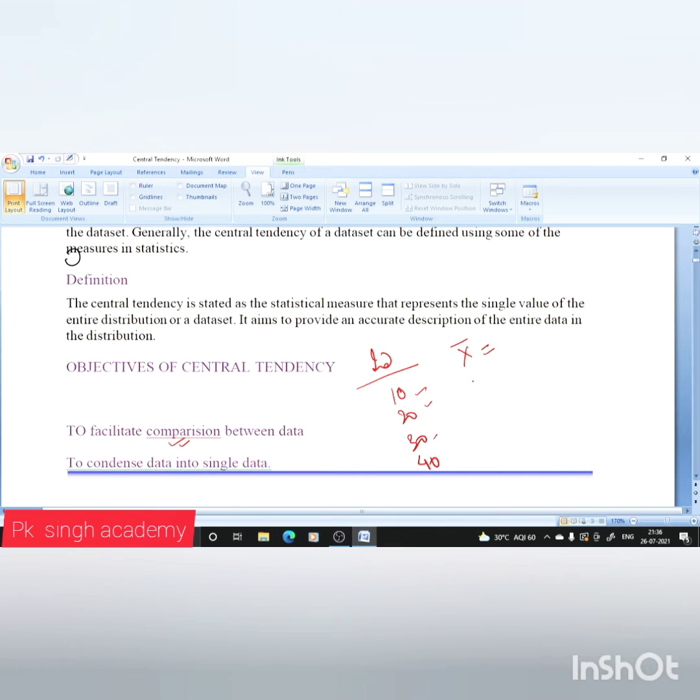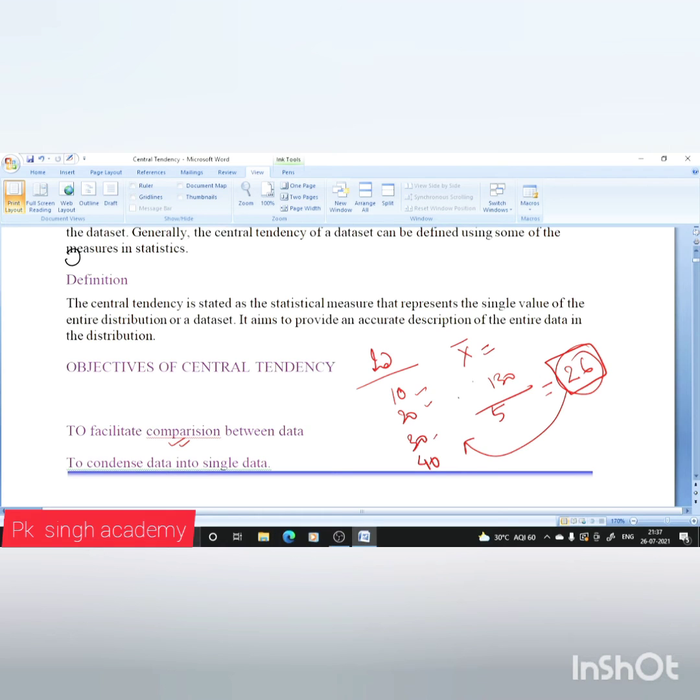So the mean will be 26. It helps in the comparison. From this mean, we can see the variation in the individual data.